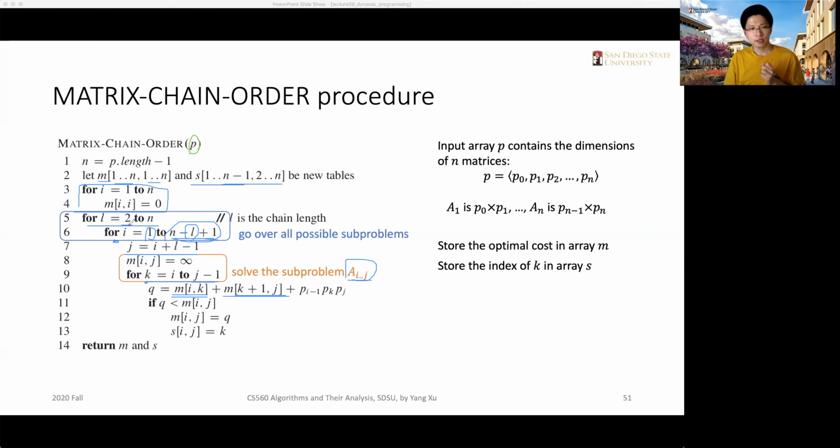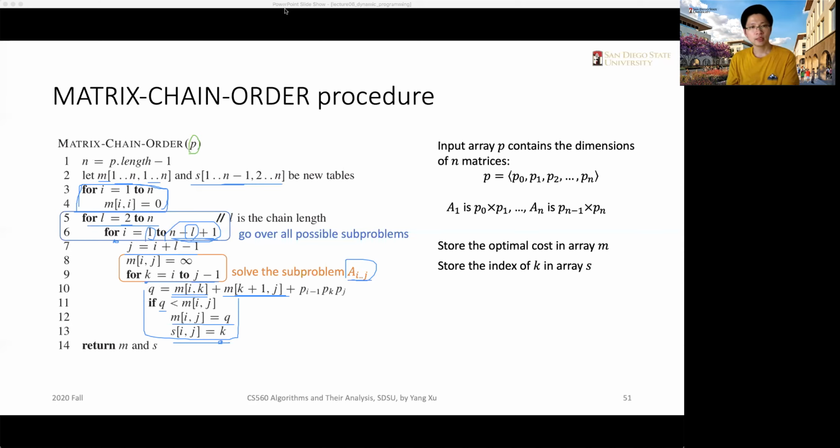Okay, so in the smallest case, we will refer to M11, M22, but these values are initialized to 0. So these are all already known values. And we basically find the smallest solution to this subproblem from I to J using the third for loop, and we'll store the results for this problem into the two-dimensional array M, and also the positions to place the last layer of parenthesization.